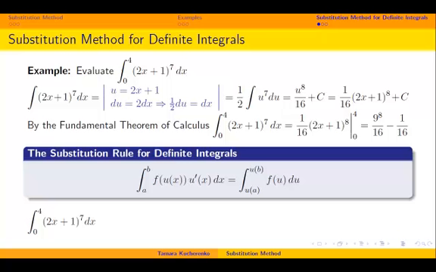We choose u to be the inside function 2x plus 1 and compute 1/2 du to be dx. The lower limit of this integral is 0, so we plug in 0 for x into the formula for u. We get u of 0 equals 2 times 0 plus 1 equals 1.